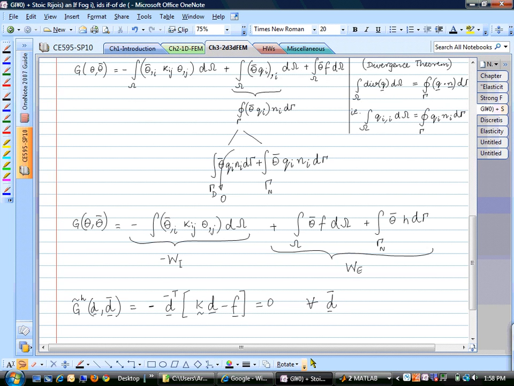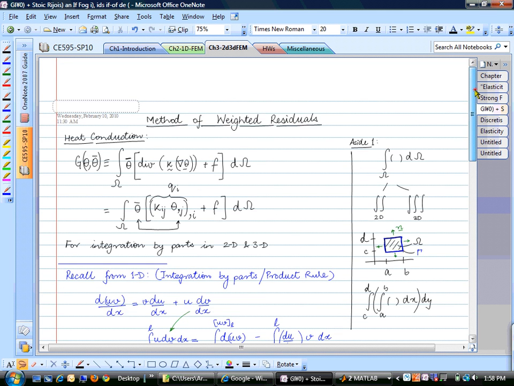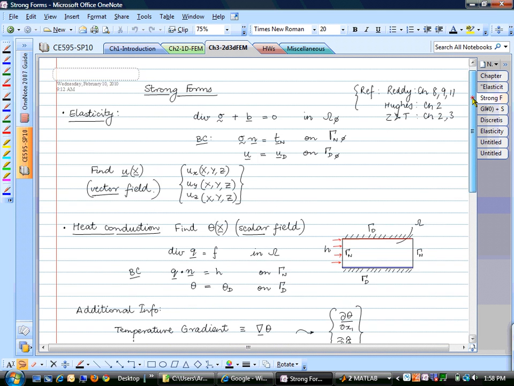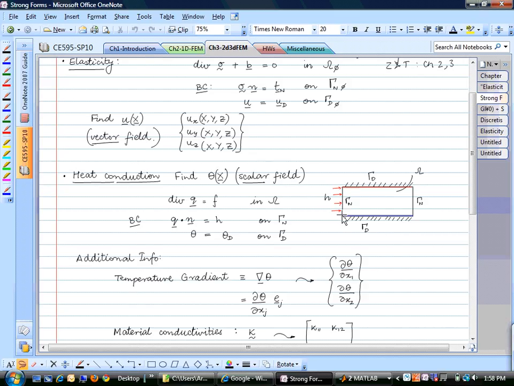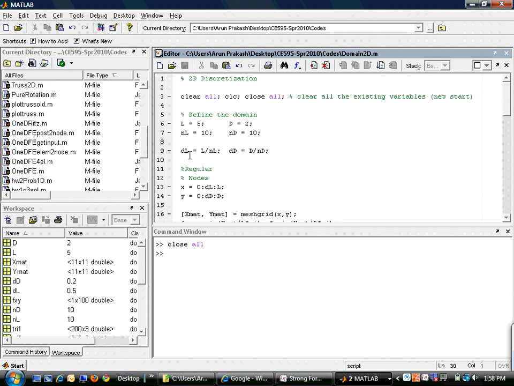Let's say I'm trying to solve this problem. This is the domain, 5 is the length, 2 is the width. So I define my domain like that, and we're also saying that we want to discretize this entire domain by having 10 parts along the length, 10 parts along the width.